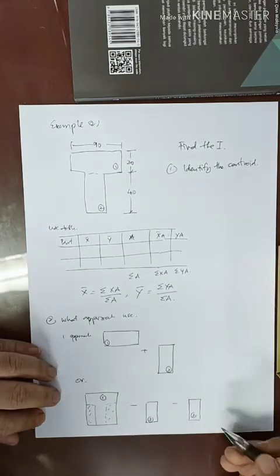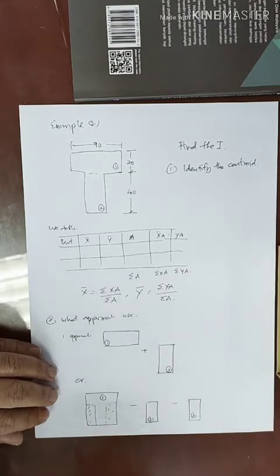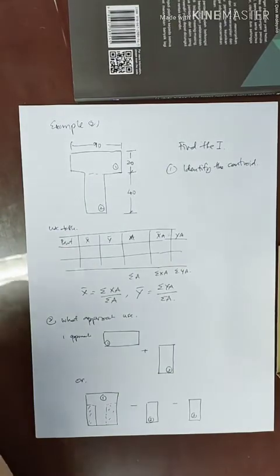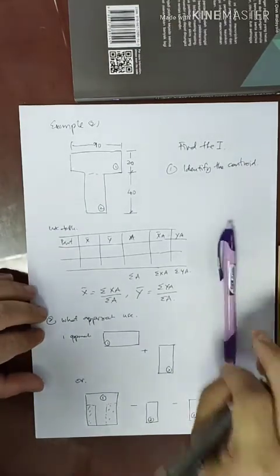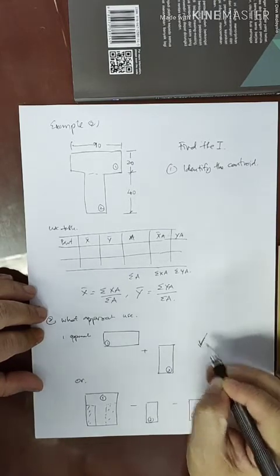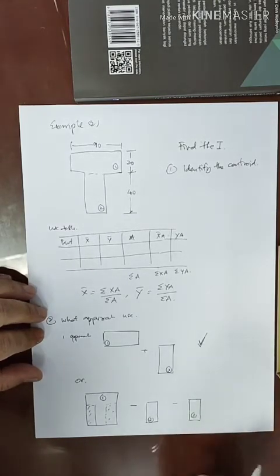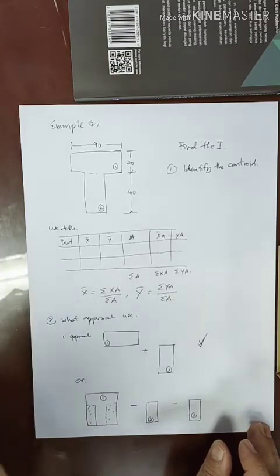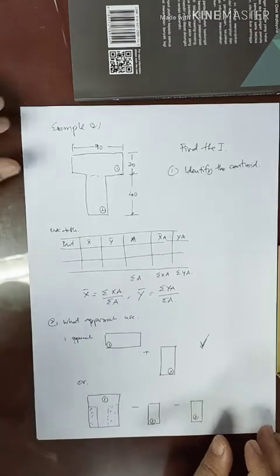So there are extra parts to be considered. In this case, I will opt to use the first approach rather than the second approach. But still, you can use the second approach if you are familiar or you feel it is easy to do with that approach.